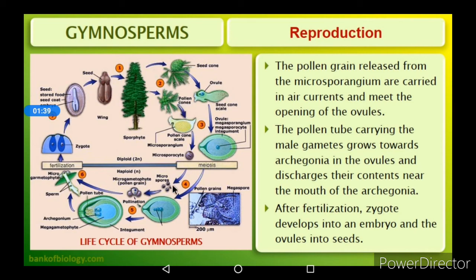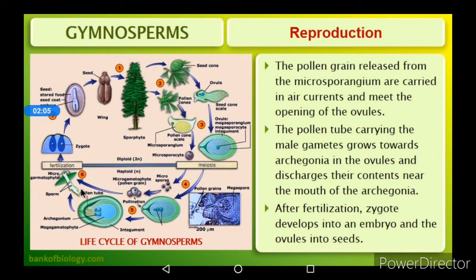So this is the life cycle of gymnosperm: the pollen grains are released from the microsporangium and are carried by air currents and meet the opening of the ovule, and the pollen tube carrying the male gametes grows towards the archegonium, here you can see, into the ovules and discharges its content near the mouth of the archegonia.